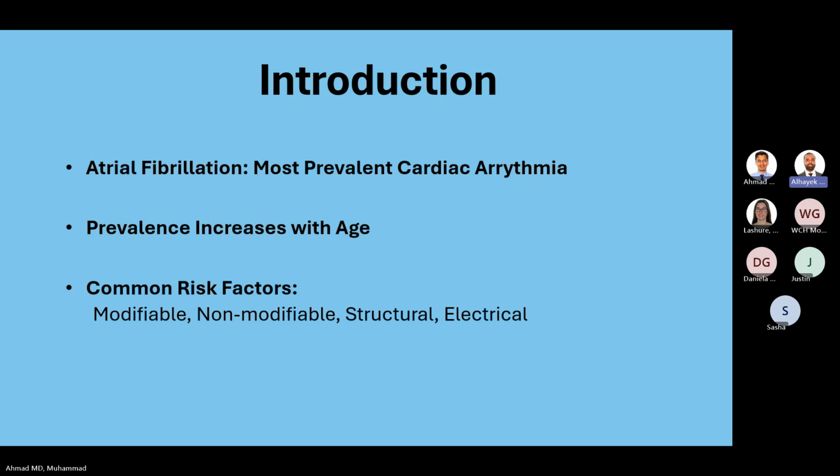Most AFib develops because of atrial remodeling, some of what I mentioned to you: atrial stretch, fibrosis, inflammation. Important modifiable risk factors include hypertension, obesity, lack of fitness, sleep apnea, alcohol, and diabetes mellitus as well. Non-modifiable risk factors include genetics, male sex, and age.